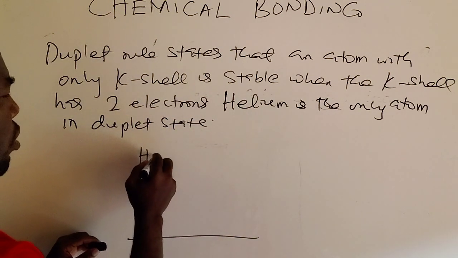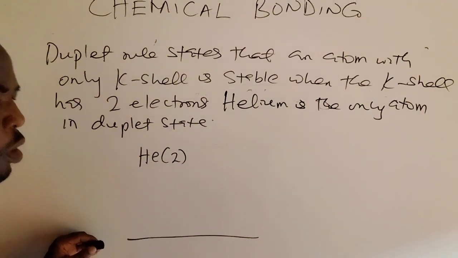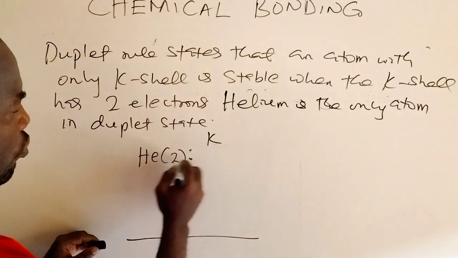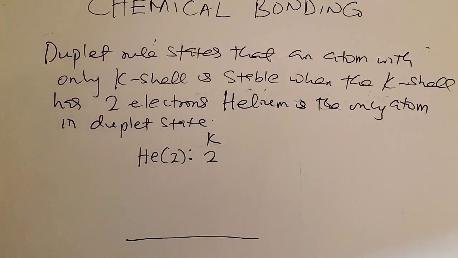The atomic number of helium is 2. If you go to the electronic configuration of helium, using the shells, we have 2 under the K shell. So meaning that helium has only K shell, and that K shell takes 2 electrons, meaning that helium satisfies the duplet. The duplet refers to 2 duplet state.